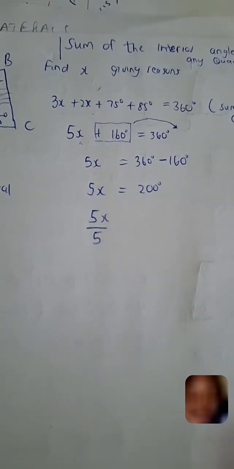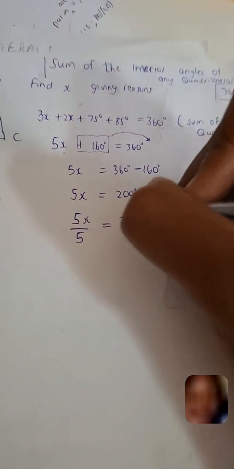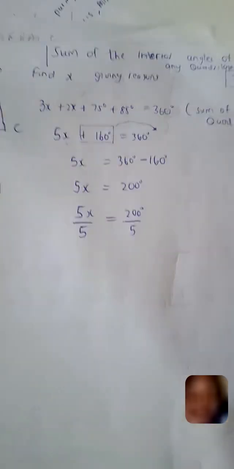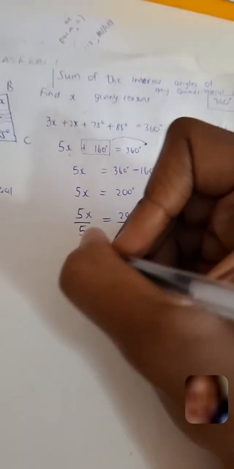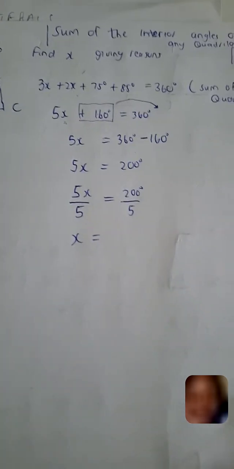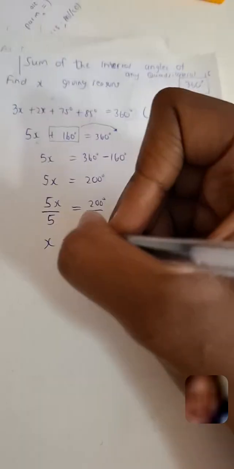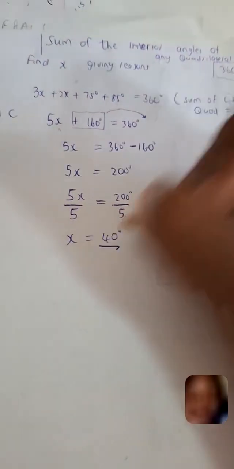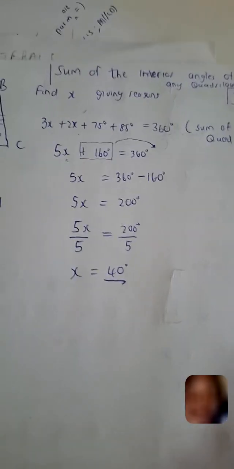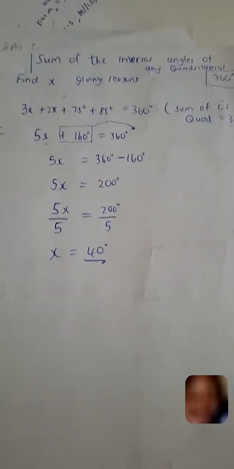We divide by what? By 5. But what we do on the left, we must do on the right. Then our x value is what? 200 divided by 5 gives us 40. There it is. Who said you can't find the value of x?